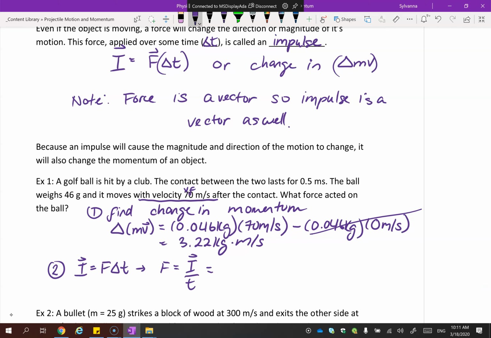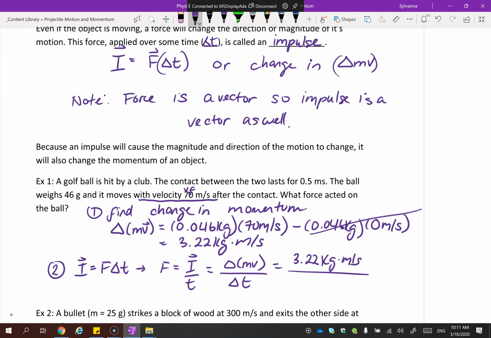Impulse is the change in our momentum over our change in time. Our change in momentum was 3.22 kilograms times meters per second.